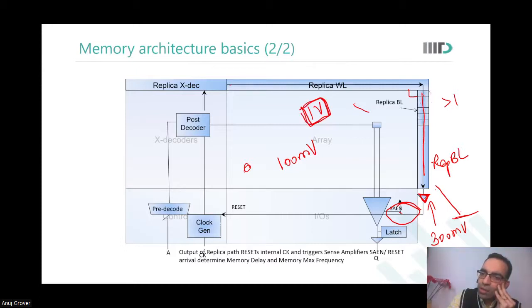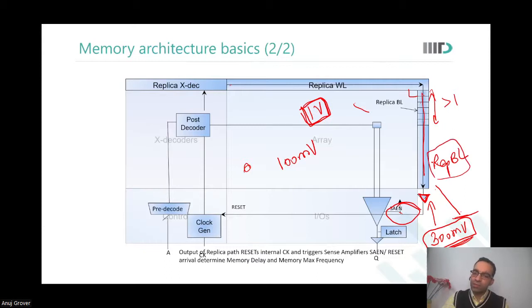How many cells should I put here? Seven? No, so three only. No. It trips at 300 millivolts, not 700 millivolts, not 300 millivolts below VDD. It trips when the replica bit line has gone to 300 millivolts. Oh, then 7.